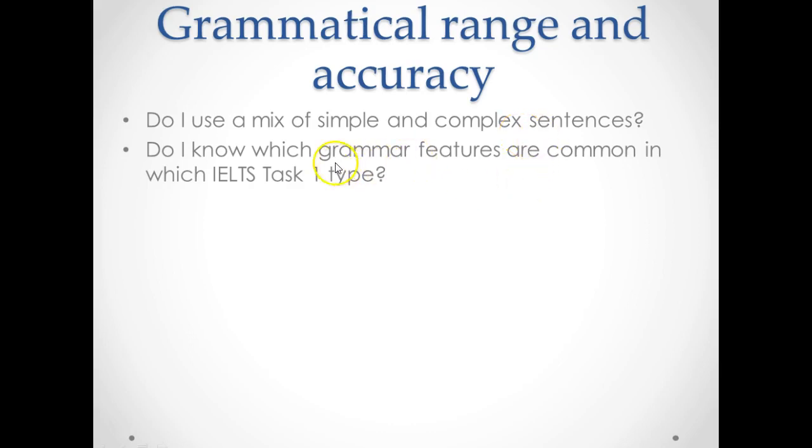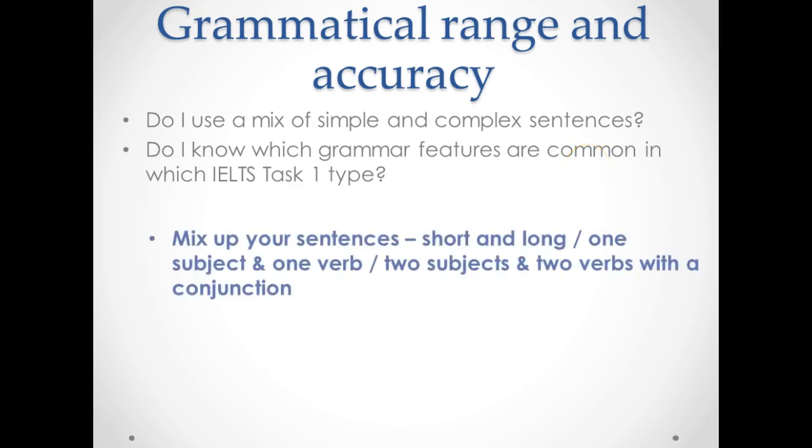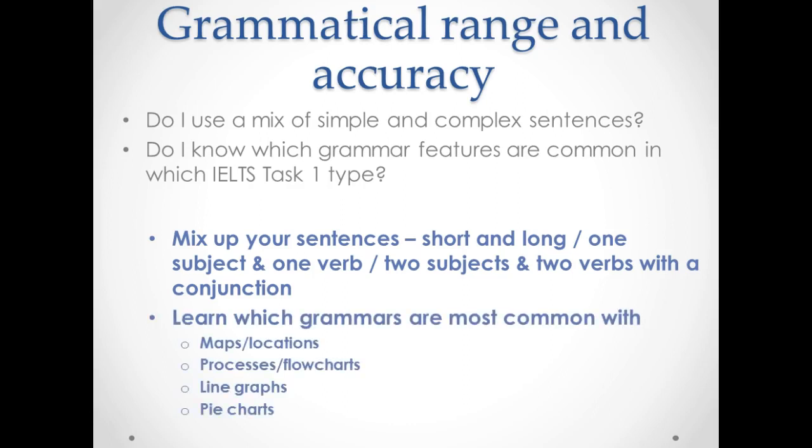And you need to know which grammar features are common in which IELTS Task 1 type. So mix up your sentences, some short and long, some with one subject, some with two subjects, some with a conjunction. And learn which grammars are most common with which Task 1 type.